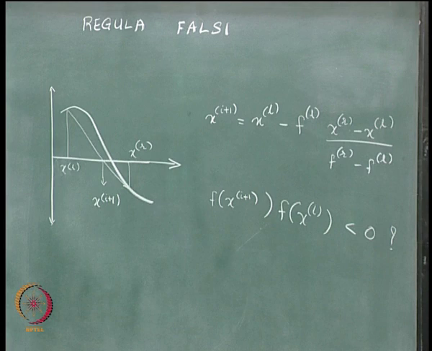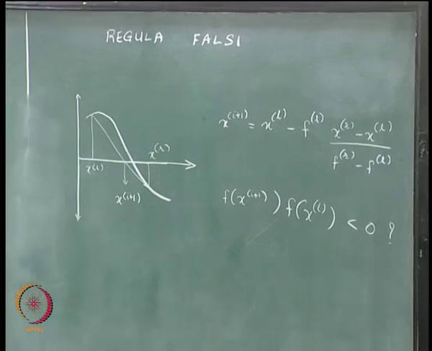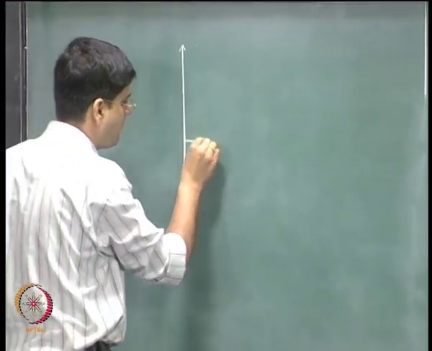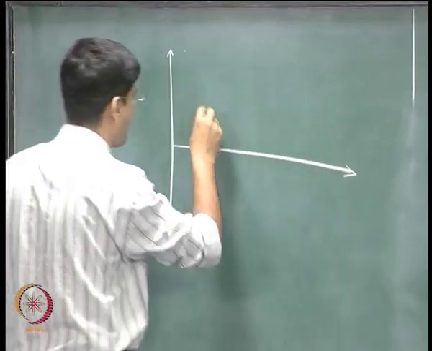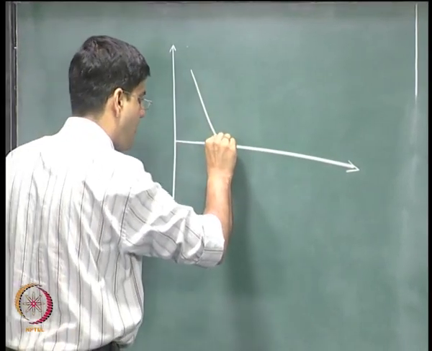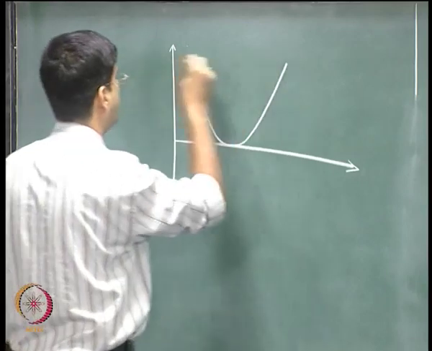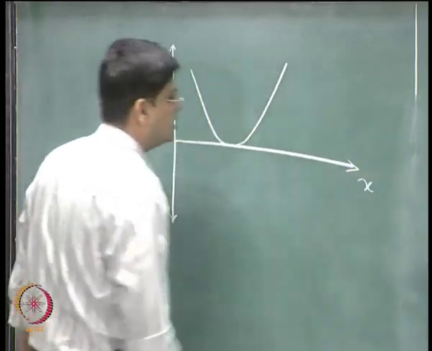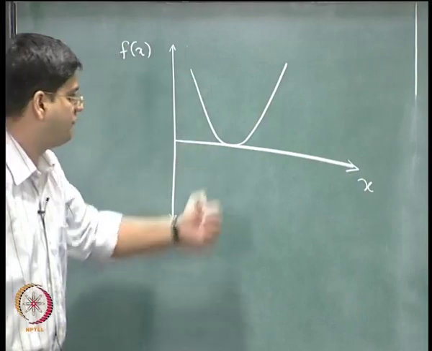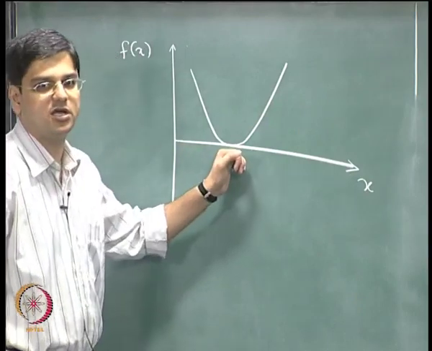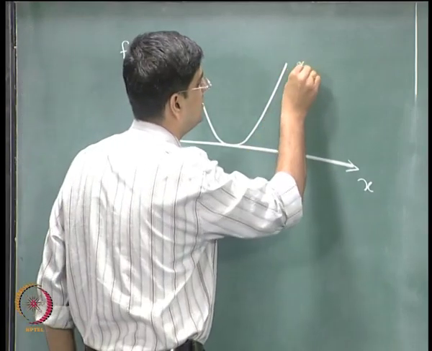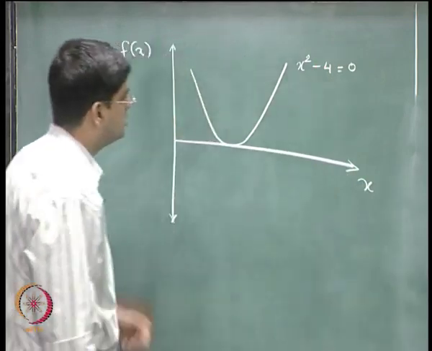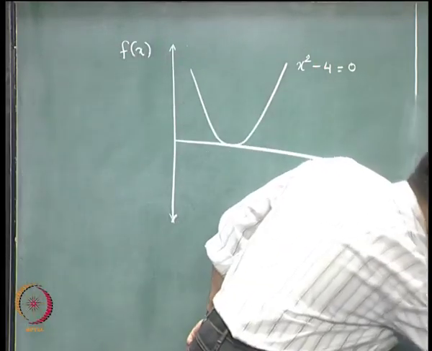Let us say that our f of x was of this particular form. Okay, we are plotting f of x against x. An example of this particular equation is, for example, x square minus 4 equal to 0.